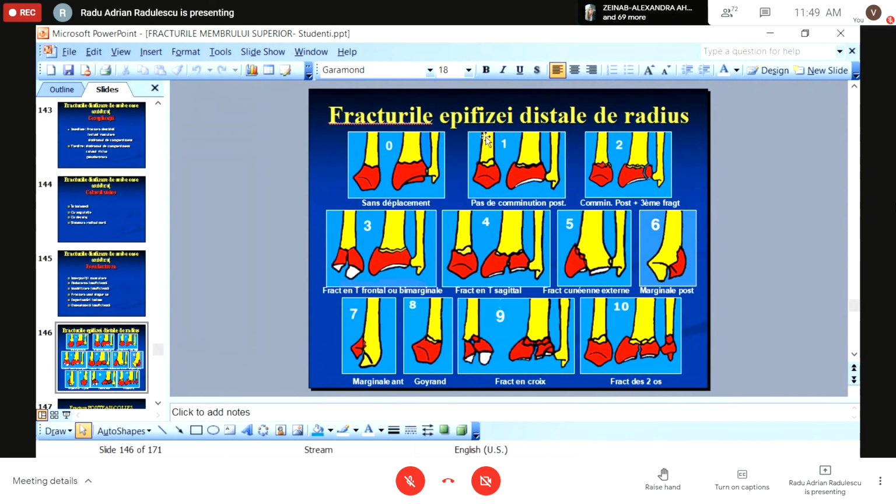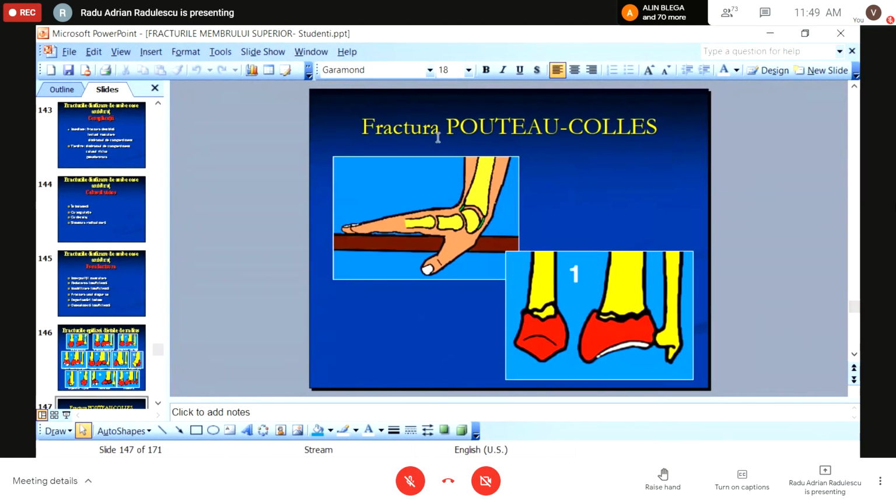We must see, first of all, this second image, which shows us the extra-articular displaced distal radius epiphysis fracture, which is the most frequent fracture in orthopedics and is called Pouteau-Colles fracture.